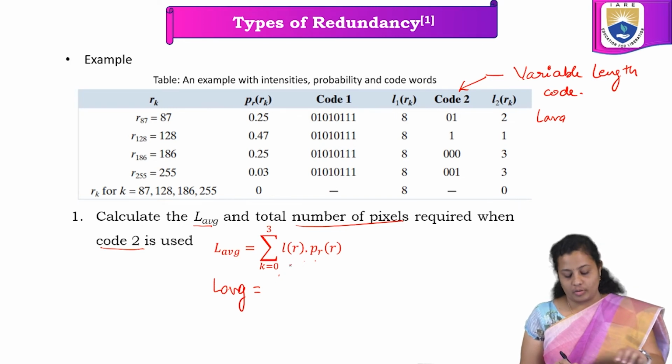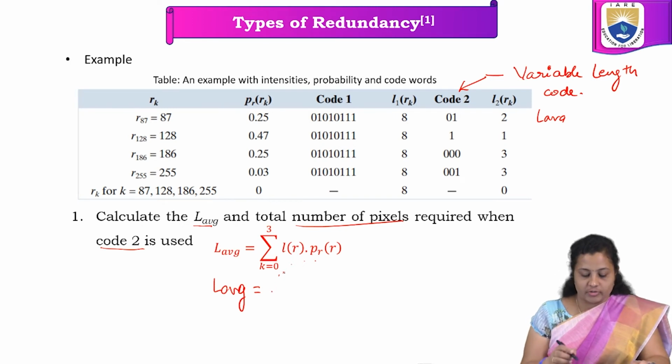So L average is equal to the length of the first code times the probability.